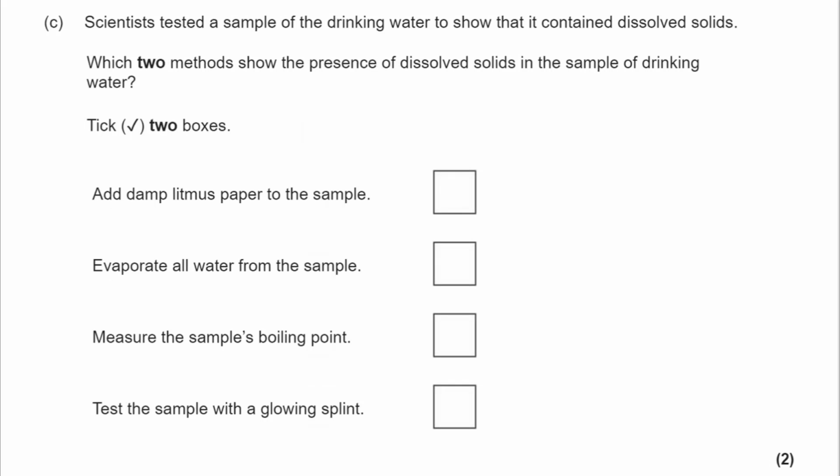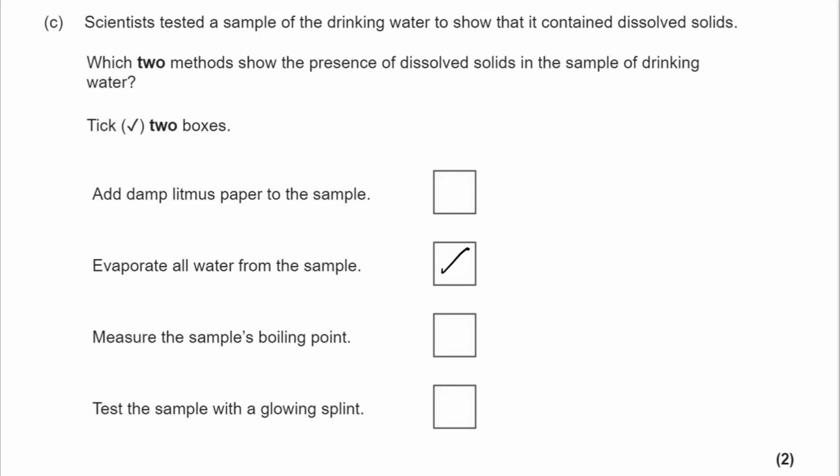Moving on to part C, scientists tested a sample of the drinking water to show it contains dissolved solids. Which of these two methods would show the presence of dissolved solids in the sample of drinking water? Well, the first one to take a look at is that we could evaporate all the water from the sample. If we heat it to dryness, if there is a solid dissolved, that solid would be left behind.